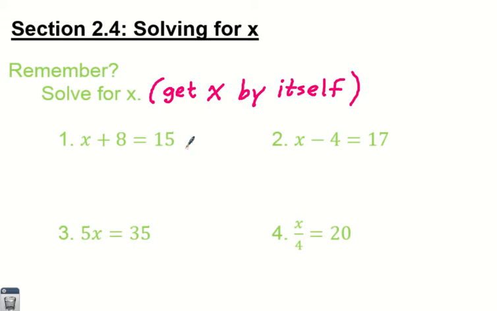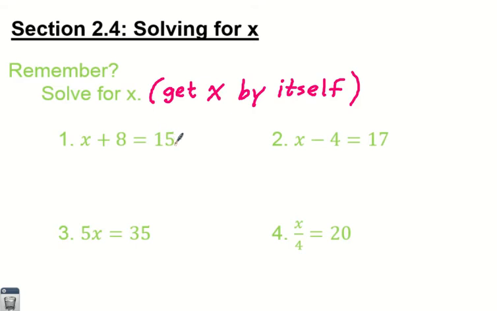So equations have two sides, where it says one side equals the other side. And it's literally a statement saying that two quantities are equal. Number one, for example, is saying that the quantity of x plus 8 is exactly equal to 15.